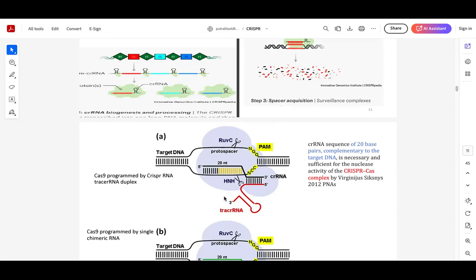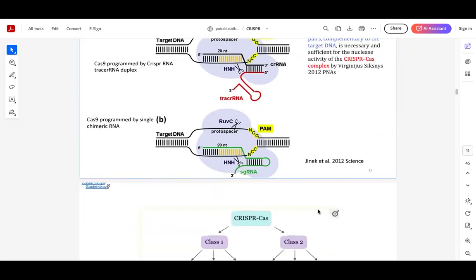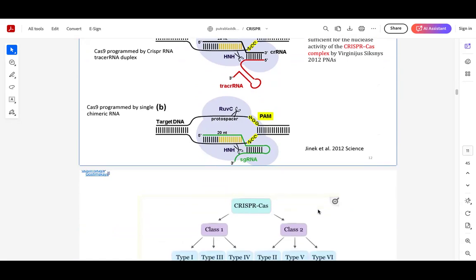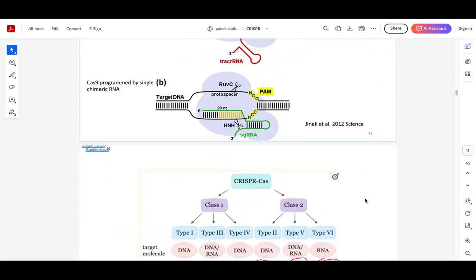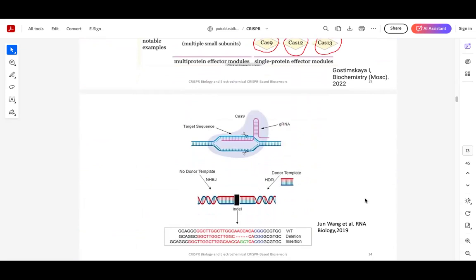And then I also have shown you the transcription of pre-CRISPR, and then we have tracer RNA in the process. And also we have guided RNA, and in the end, the combination of CRISPR, tracer, and Cas enzyme gives us the single guided RNA, which is important for us to use in biosensor development.